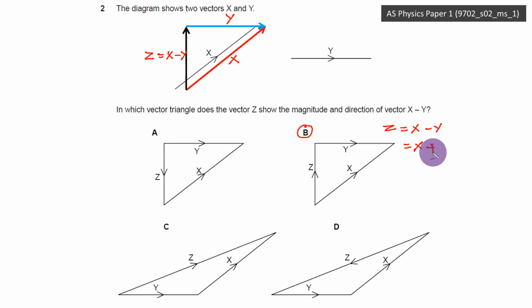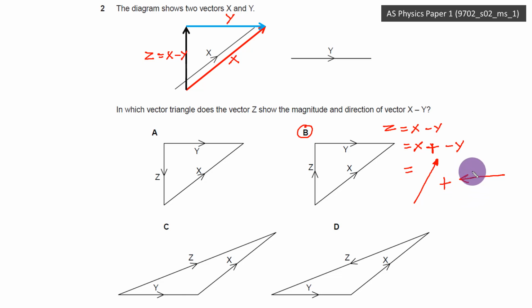So I have vector x, and I'm adding minus y. These are the vectors that we have. x has its original direction, plus the vector we are adding is this one here.